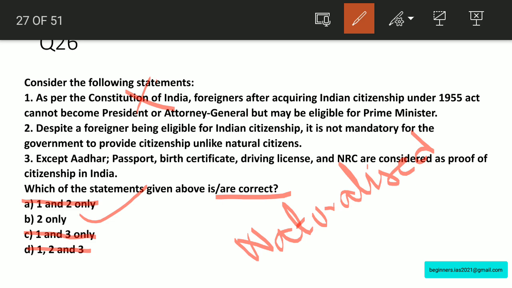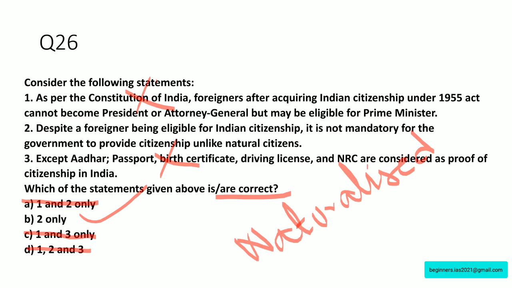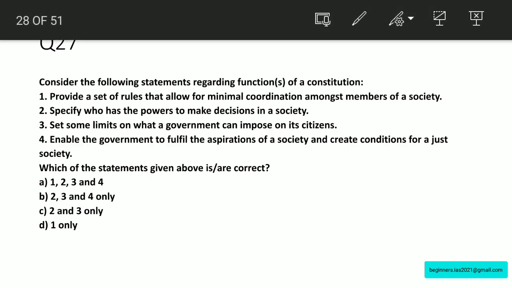And also the Ministry of Home Affairs has said that the guidelines for the NRC were yet to be drafted and cannot be construed as the proof of citizenship yet. Therefore, this statement is also wrong. Kindly note this while going through the current affairs sessions. Let us move on with question number 27.